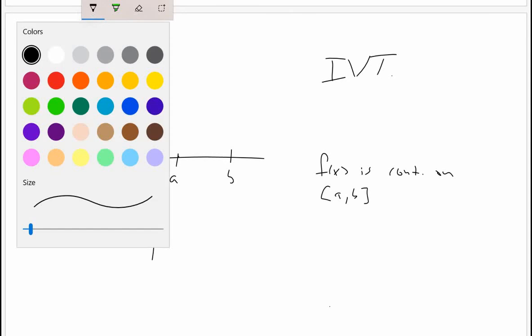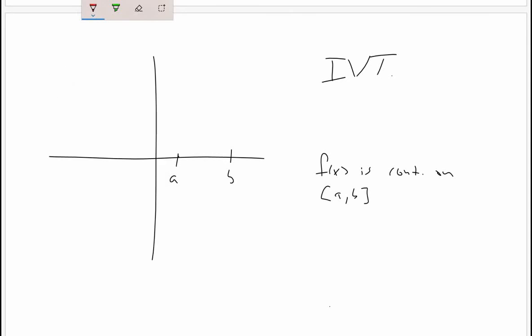Then if you have some function in here, whatever. This is the point b, f of b. And here we'd have the point a, f of a. You know what? I'm going to make it a little bit more dramatic. So let me try to erase this.